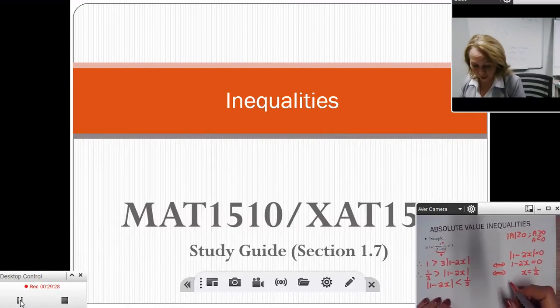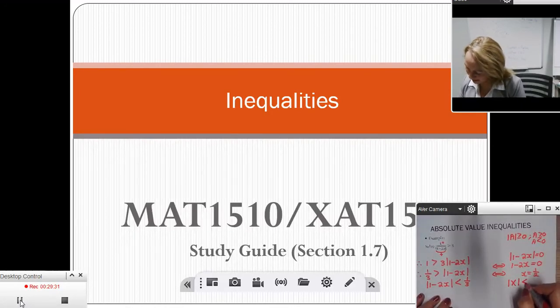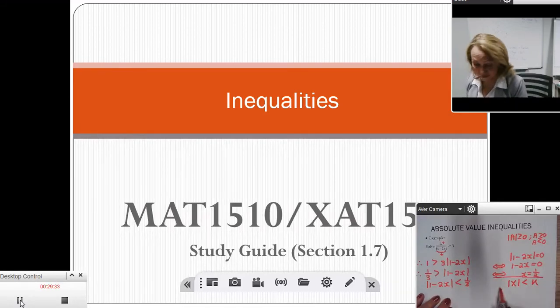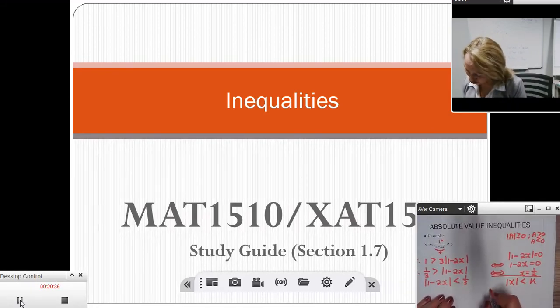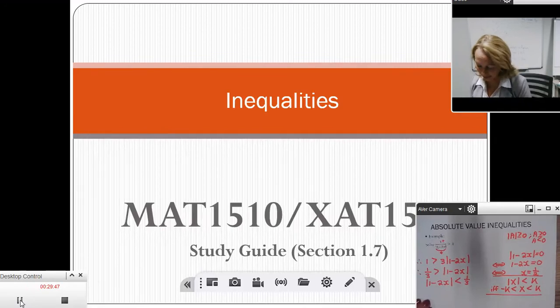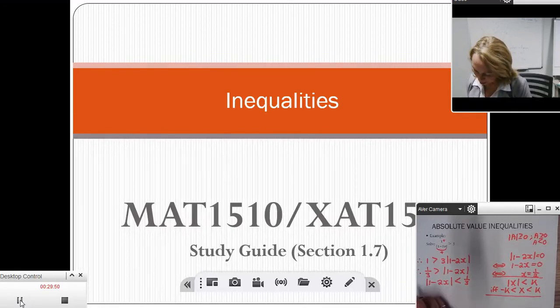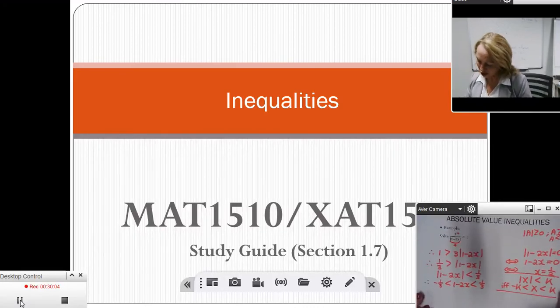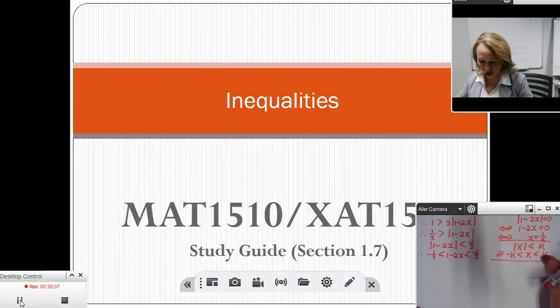You remember that when I discussed absolute value inequalities, we said that the absolute value less than any constant k is true if and only if the expression between the absolute values is sandwiched between negative k and positive k. So let's do the same over here. We're going to remove the absolute value sign and we're going to sandwich 1 minus 2x between negative a third and positive a third. All right, so this is an inequality that we need to solve.